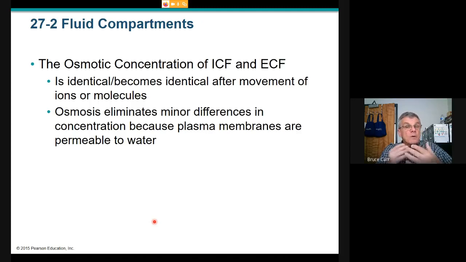Now that expression, not molar, but percent, is by weight. So you weigh out 10 grams, put it in a volumetric flask, put in enough water to dissolve it, and then dilute it up to 100 milliliters.